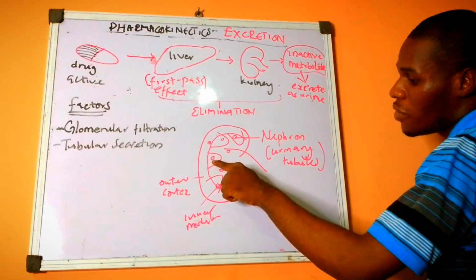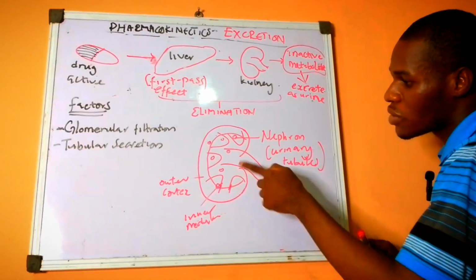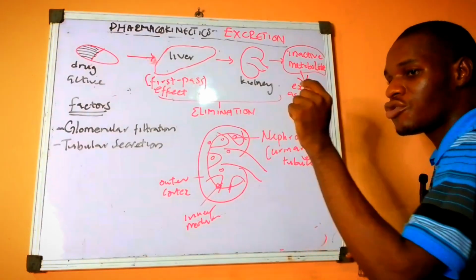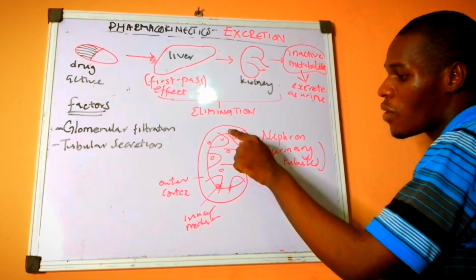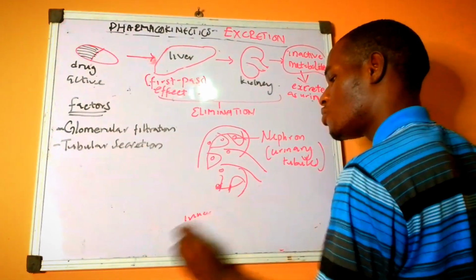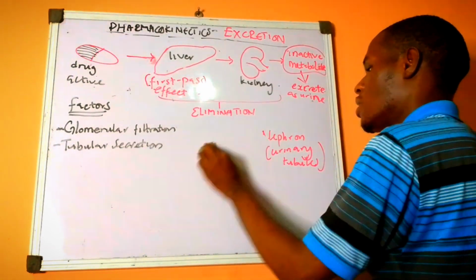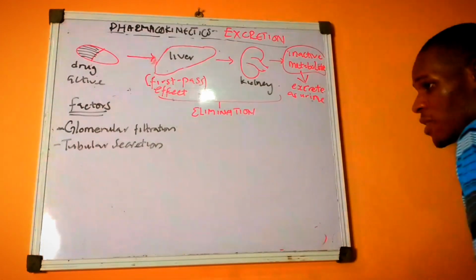Now, this nephron, or urinary tubules or kidney tubules, are important. They are the structural and functional part of the kidney that is important for formation of urine. Now, let me draw a nephron so that you can understand. I'm just going to draw a simplified diagram.